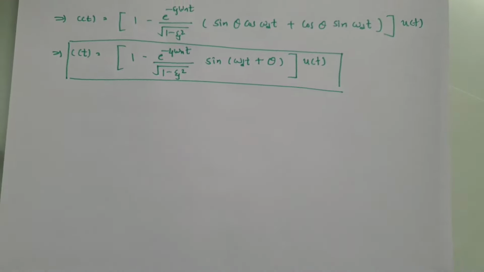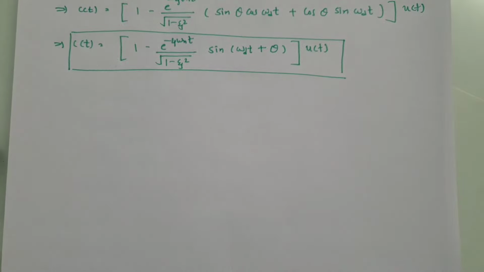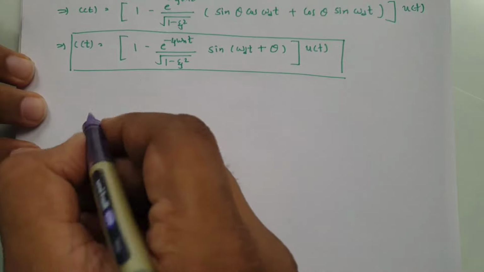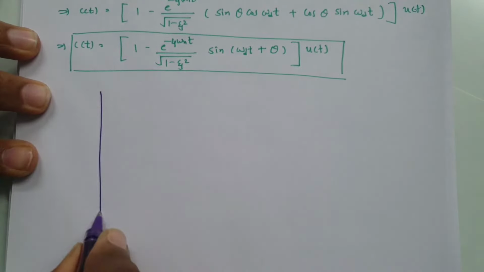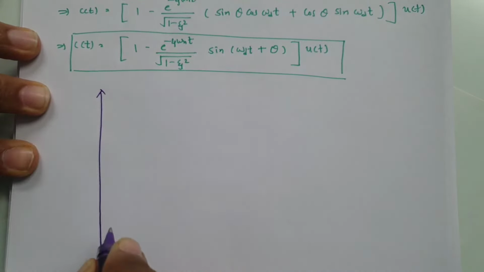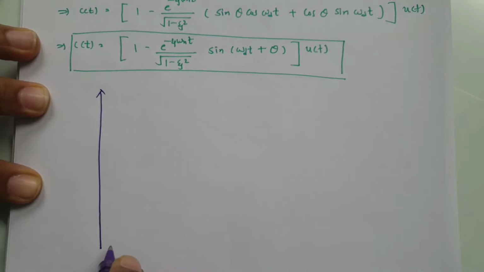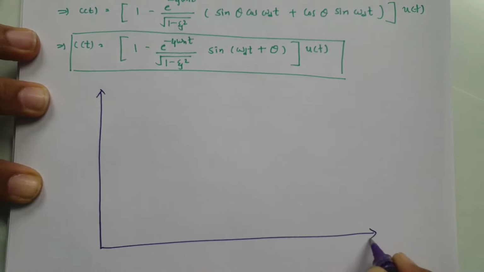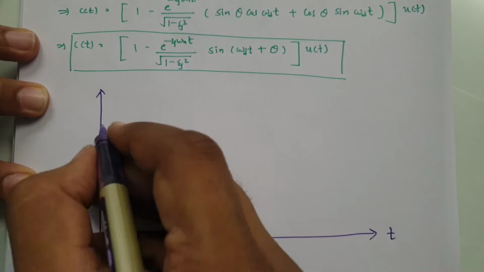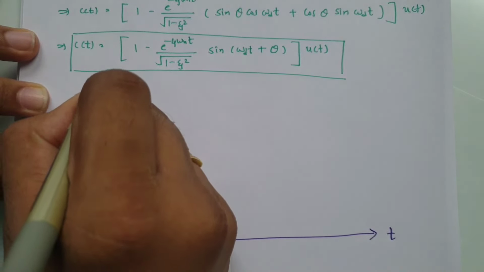Now I am going to plot this response, so that it will give you a clearer picture of how the second order response happens. So I'm going to plot this step by step. Over here we have time, and over here we have amplitude.